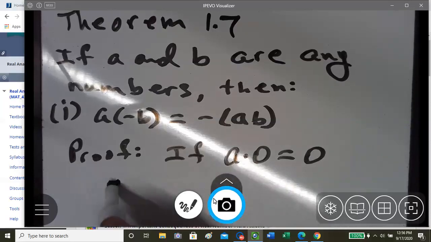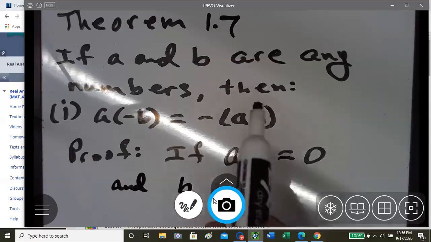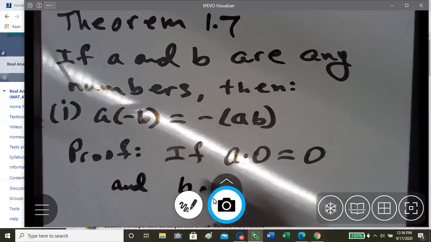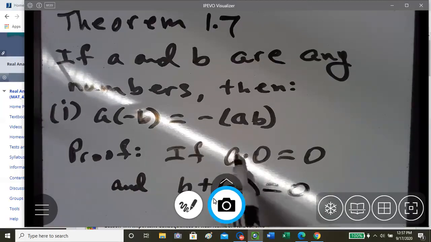And since we need a and b, we're also going to say that b plus a negative b also equals 0.